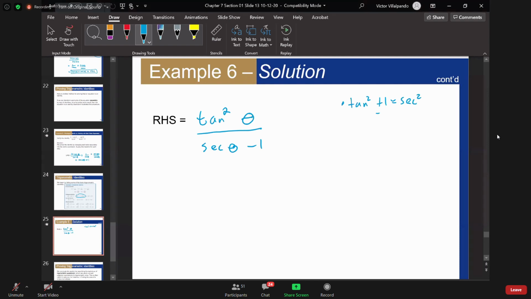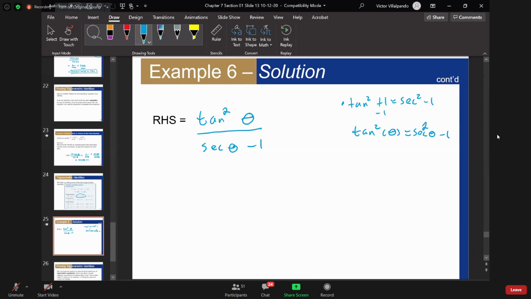All I have to do is minus 1, and I have tangent squared of theta is equal to secant theta squared minus 1.